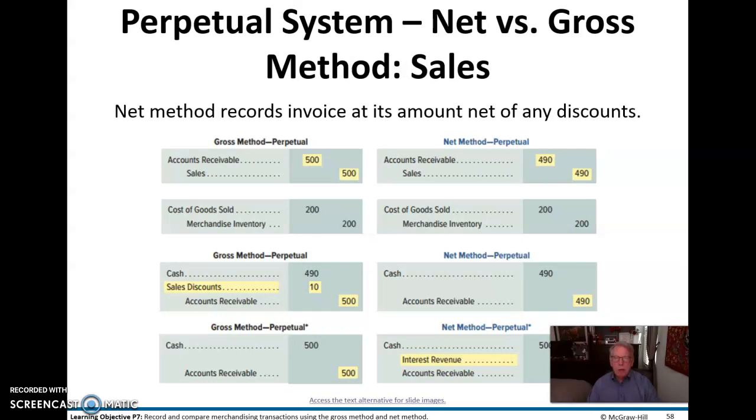Under the perpetual method, we're going to have differences here as we sell things. Under the net method, we show the receivable at the net amount we expect to receive and the cash that we expect to receive. But our interest revenue is going to be $10 if they pay outside the discount period.